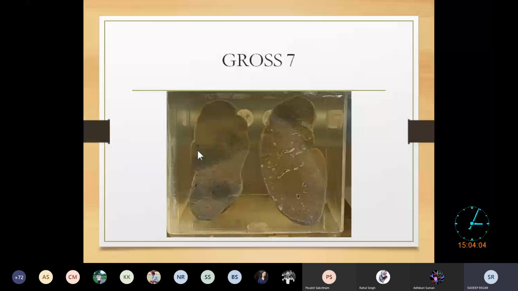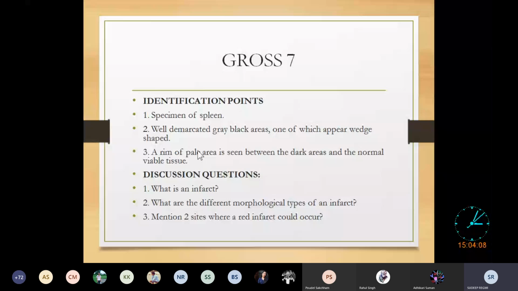So it is a specimen of a spleen. There are well-demarcated gray-black areas, one of which appears wedge-shaped. A rim of pale area is seen between the dark areas and the normal viable tissue. Is this all right?